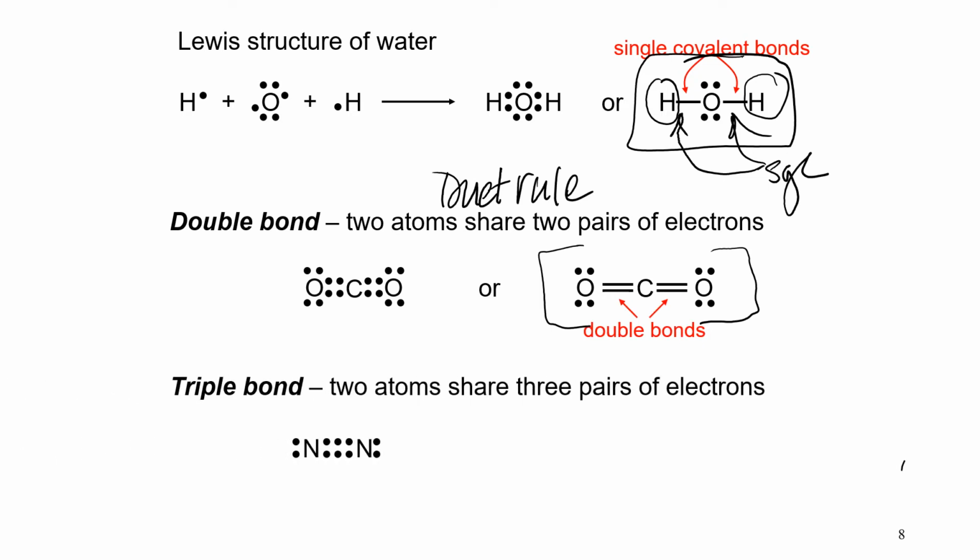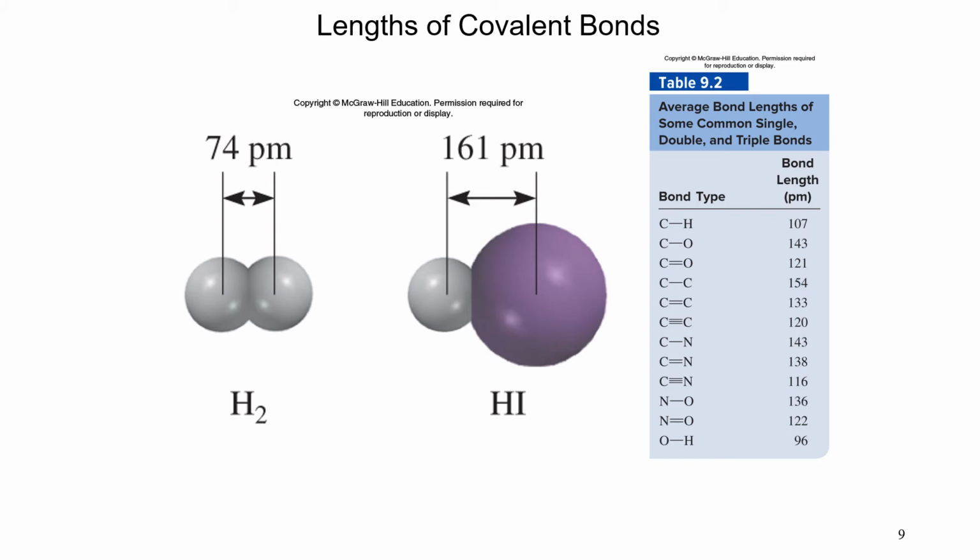Triple bonds form when 3 pairs of electrons are shared, and the N2 molecule is a good example of this, where we have a triple bond between the 2 nitrogen atoms and then 1 lone pair on that nitrogen atom. And once again, this satisfies the octet rule. Each of those nitrogens feels like it has an octet, or 8 valence electrons.